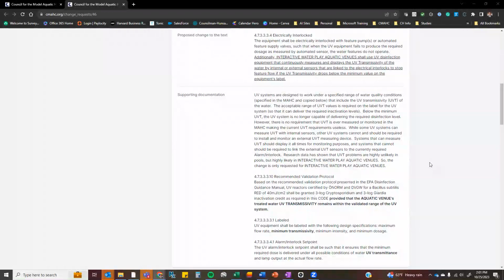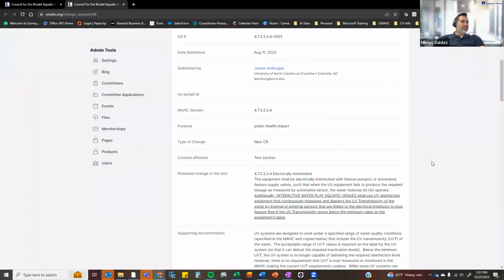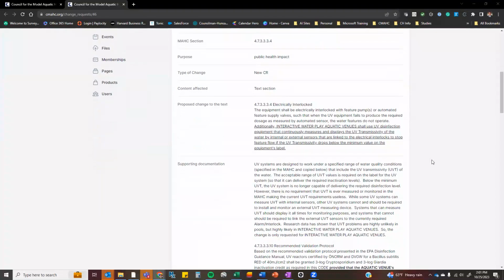The question, I think, though, is, go ahead, Miklos. No, go ahead, Kevin. The question is whether the sensor, I understand that there are plenty of sensors out there, but are there standardized sensors that are called out as part of an equipment standard that are easy to add to any system, or are they already defined in an NSF standard or as part of these UV systems?